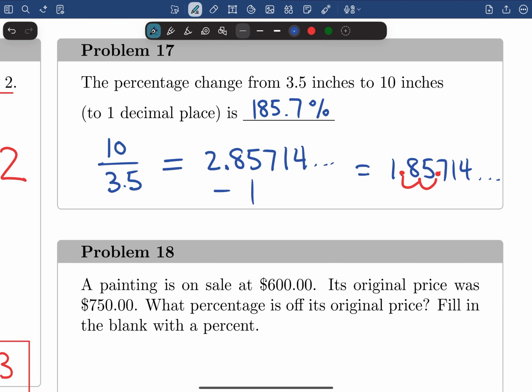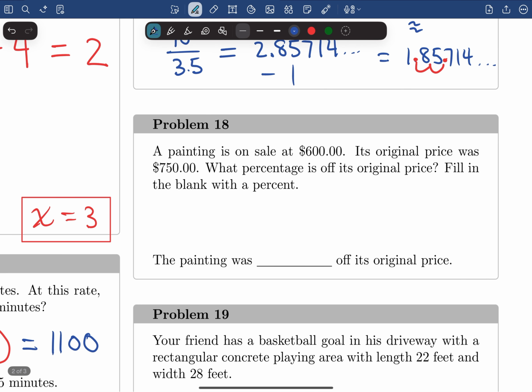Now, if you want to check this and make sure you're correct, you could take 3.5 and multiply it by 1.857, ish, because there's stuff after it, and it should give you about 10 back. So you can check to make sure you were right on this problem. And there we go. Let's go ahead and move forward into problem 18.